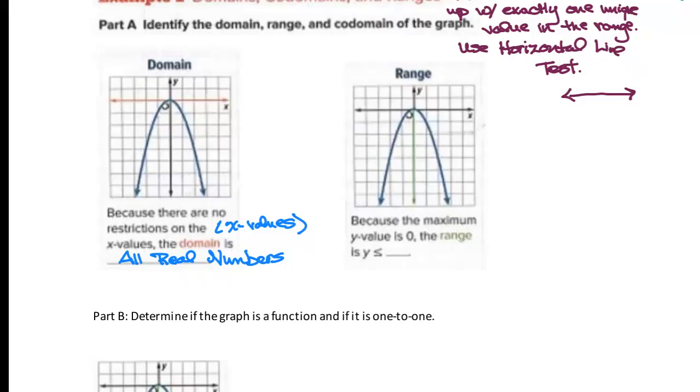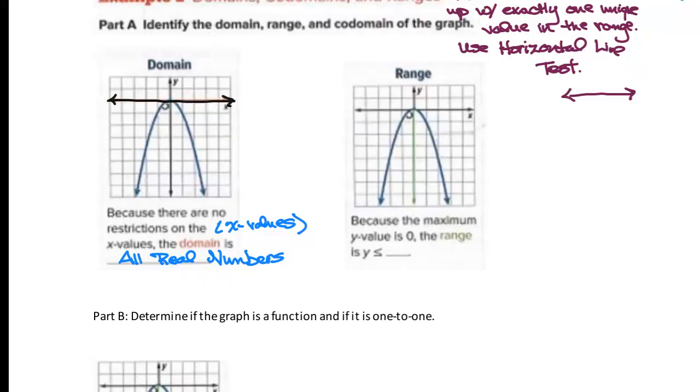Now remember, x is this line right here. Okay? It goes side to side, like so. When you see this graph, this is called a parabola. It not only is going down, but it's going down and out.